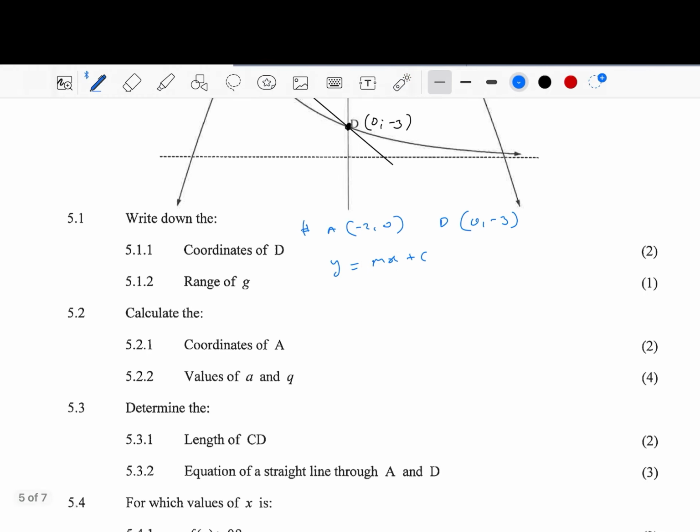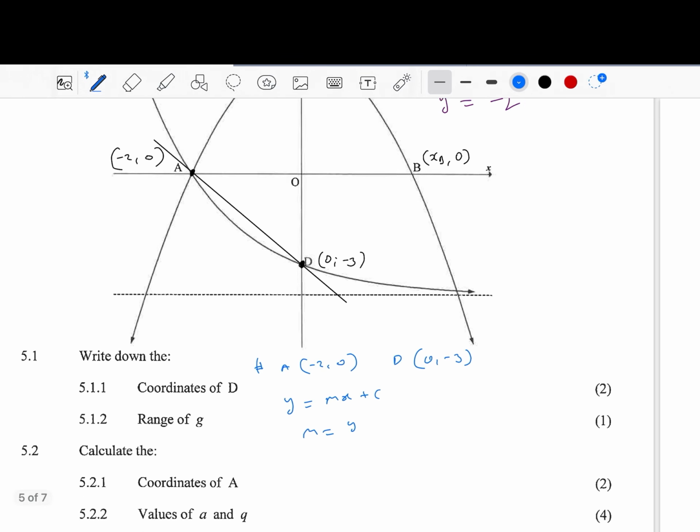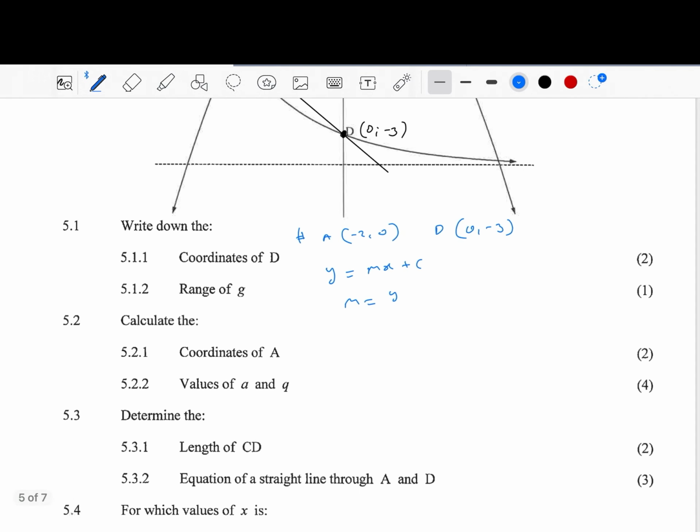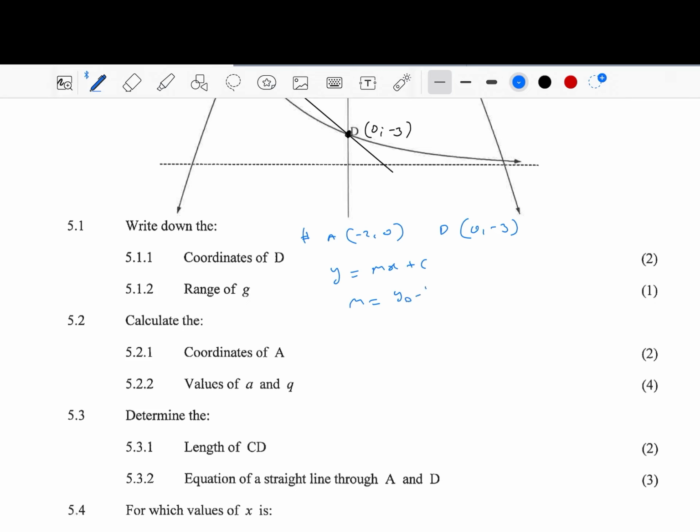To do this, the gradient is essentially the slope of this line, which is yd minus ya over xd minus xa. So the yd is -3 minus ya, which is 0.